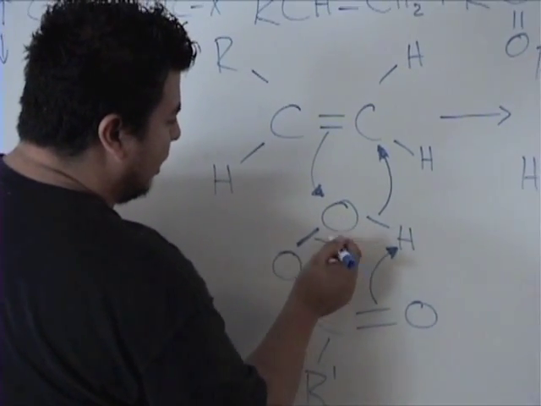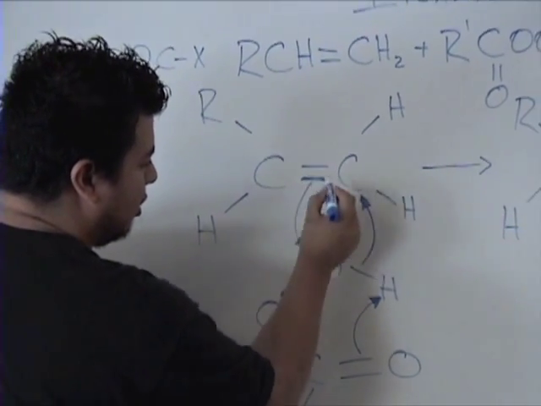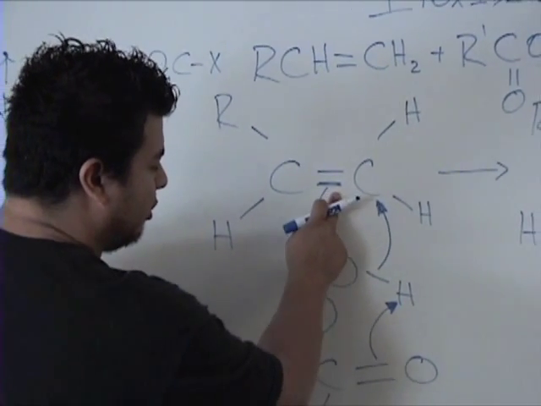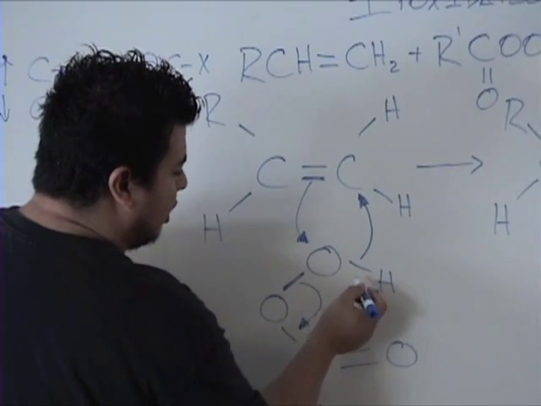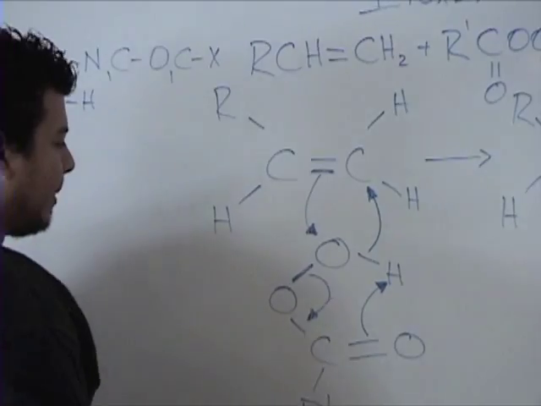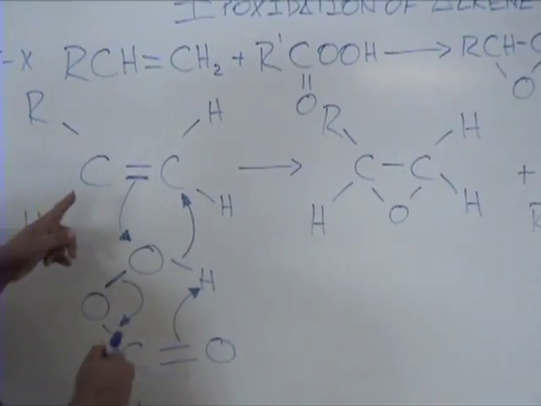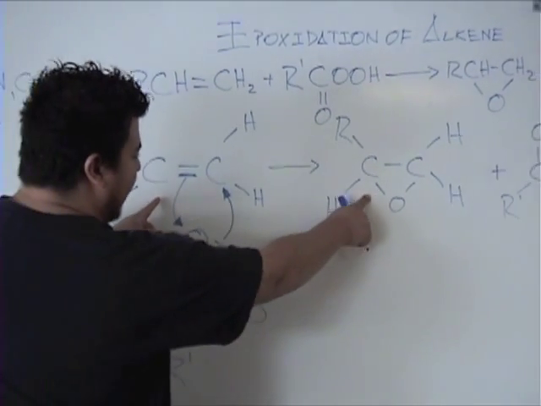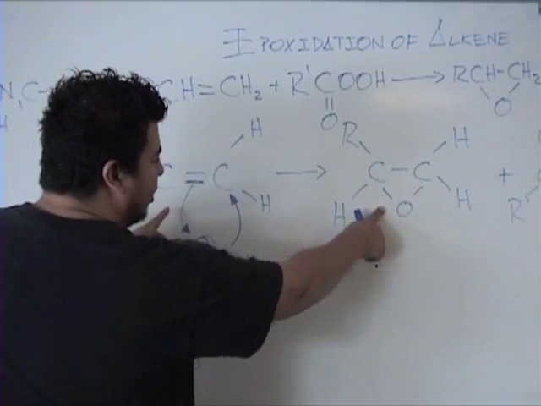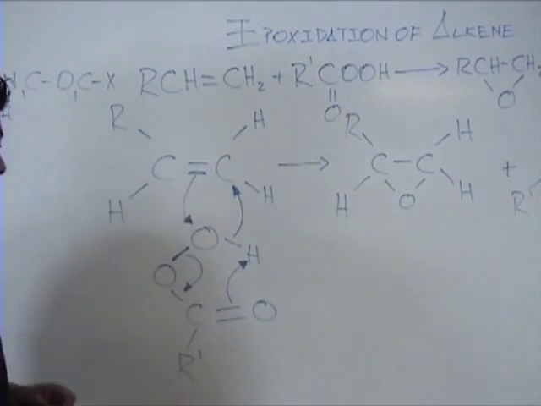That means it's going to accept the electrons from the double bond right here, and is going to attack this carbon right there. So these are the two bonds that we observe right here: one getting the electrons, and the other forming a bond with the carbon.